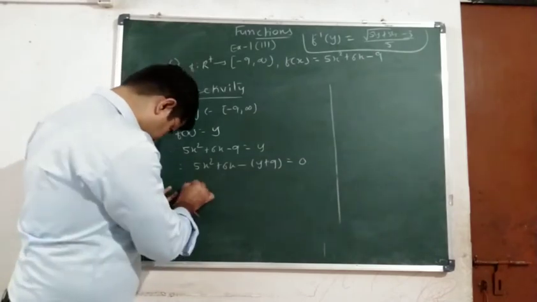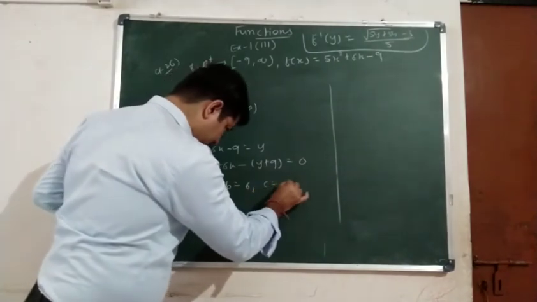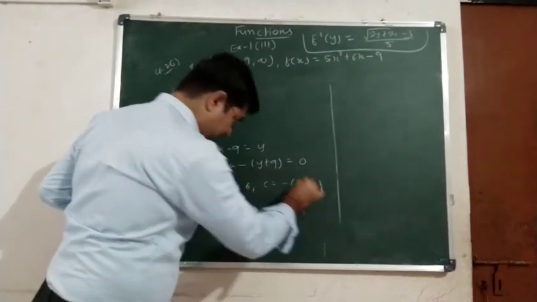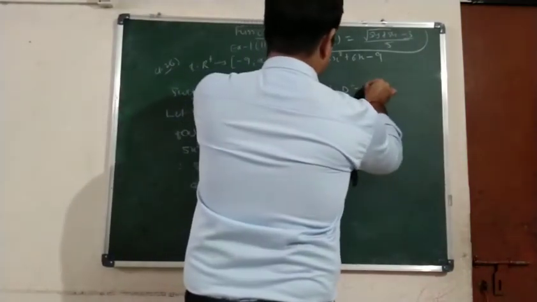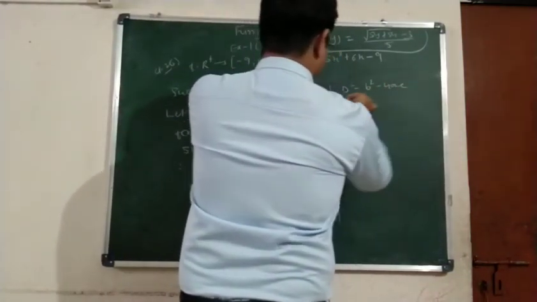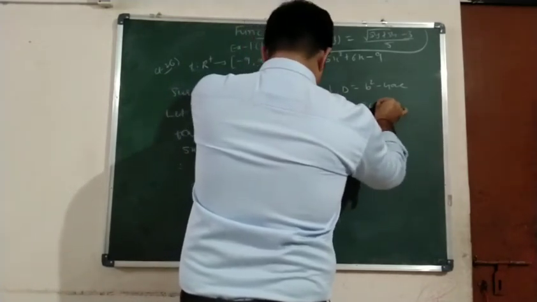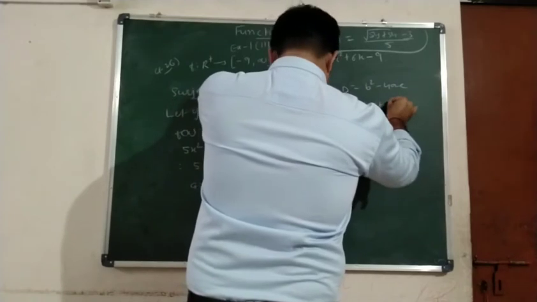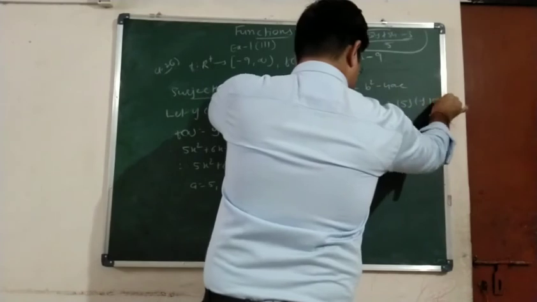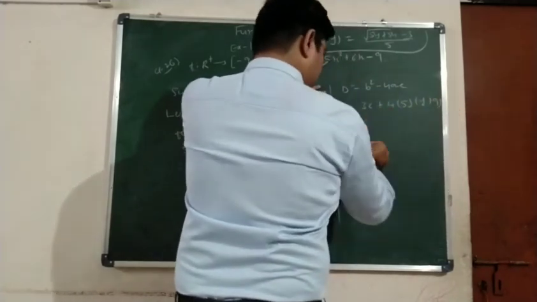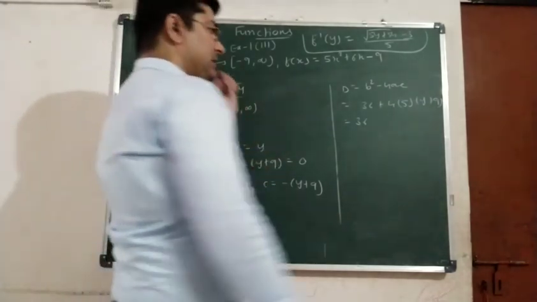Okay, so a is 5, b is 6 and c is equal to minus into bracket (y plus 9). Therefore discriminant D is equal to b square minus 4ac is equal to 6 square, that is 36, minus minus, plus 4 into 5 into (y plus 9) is equal to 36 plus 20y plus 180. 5 nines are 45, 4 fives are 20, 20 nines are 180.